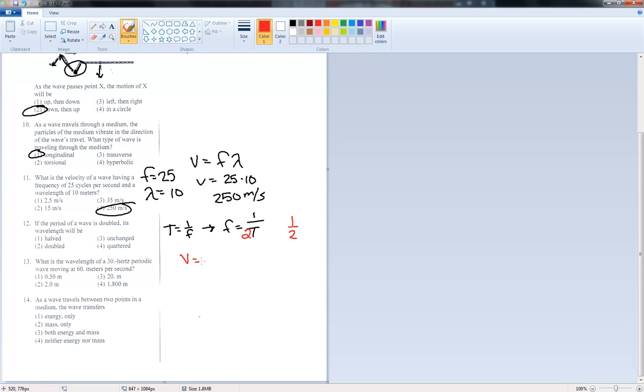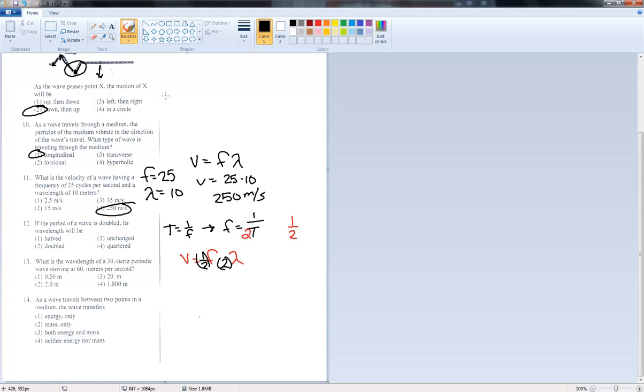So if you have this equation, and now you have half the frequency, so if you only have half the frequency, now the speed is going to stay the same. What's going to have to happen to the wavelength? Well, you will have to have doubled the wavelength in order to keep the speed the same. And we've talked about this a couple times, right?